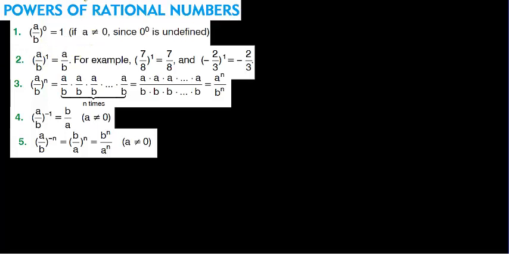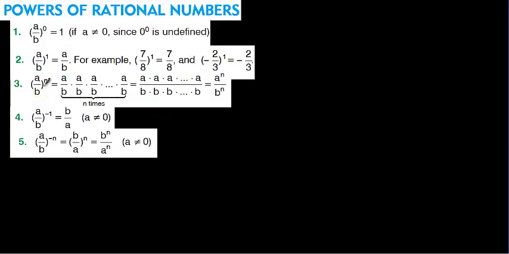It was also the same for natural numbers and integers. So 7 over 8 to the power of 1 is going to be equal to 7 over 8, and minus 2 over 3 to the power of 1 is going to be minus 2 over 3.